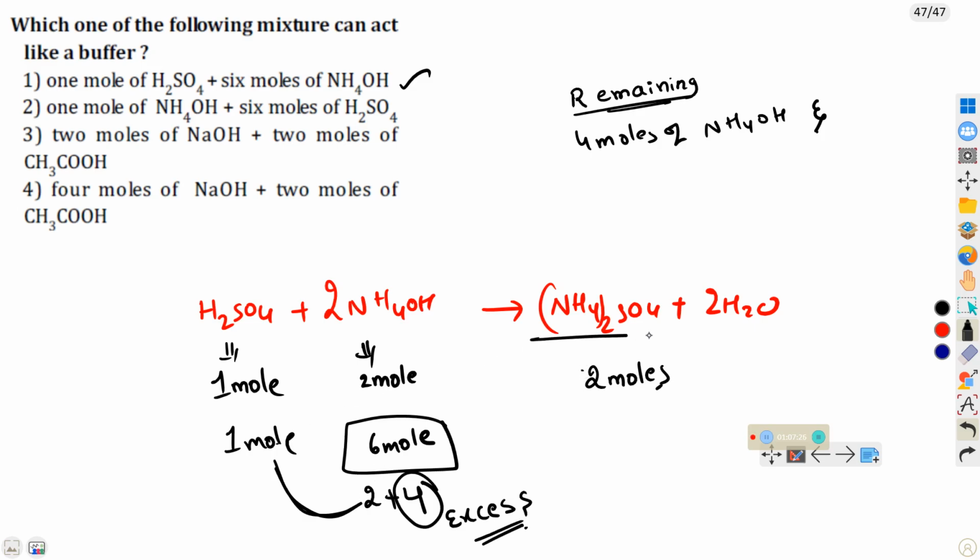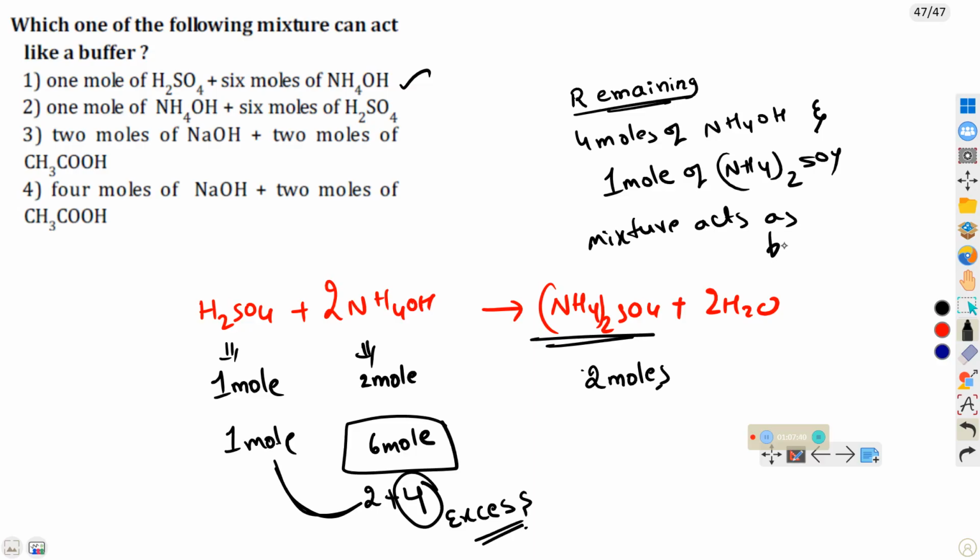According to this, 1 mole of (NH4)2SO4. This mixture acts as a basic buffer. Thank you.